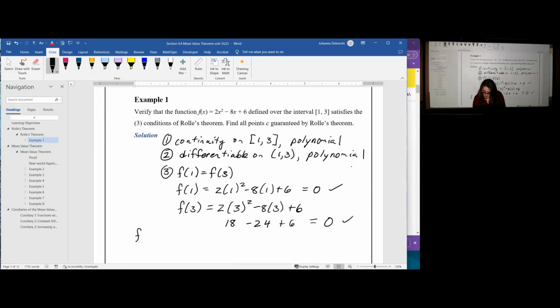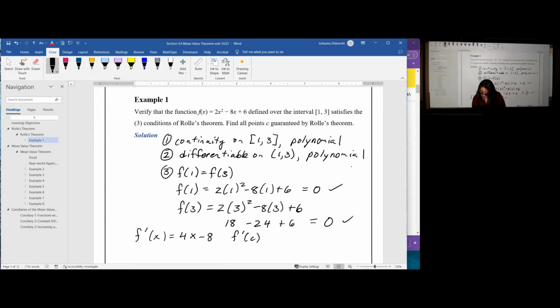To find it, we want to take the derivative of the function, which gives us 4x minus 8, a linear function. We know that f prime of c has to be equal to the slope of the secant line connecting f of 1 and f of 3. Because they're equal, the slope of that line is 0.